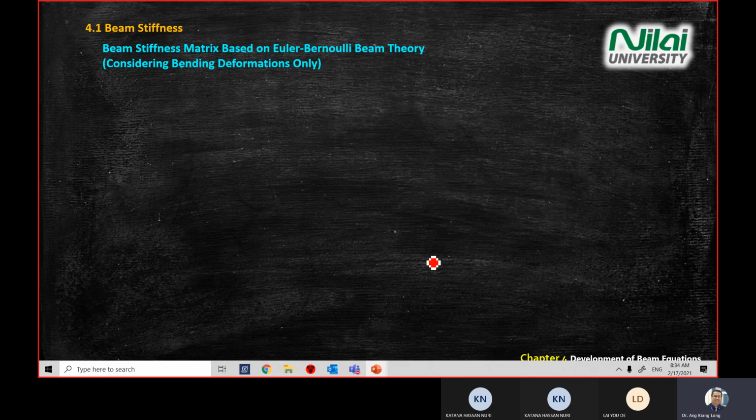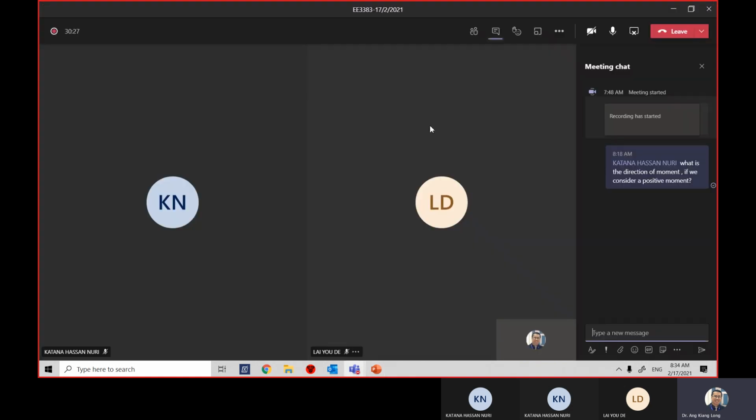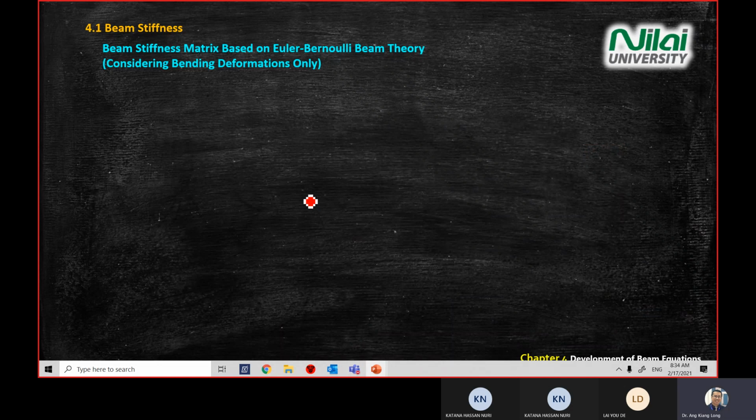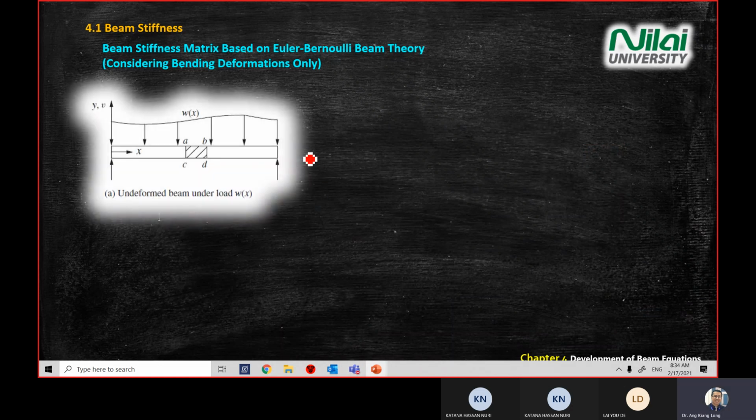So now we're going to start looking at the beam stiffness matrix, and we will look at Euler-Bernoulli beam theory. In this section, we will consider bending deformation only. So again, we look back at the diagram just now. Let's say we have a beam under a distributed load here, and we're having a support at both ends.